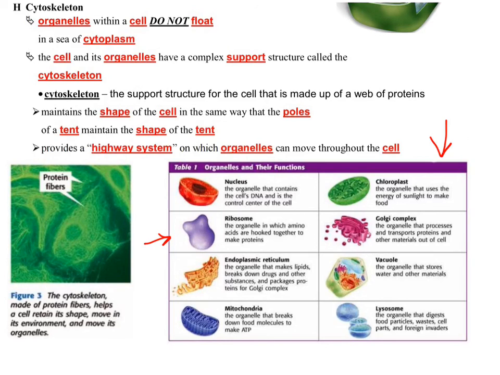And the picture here on the lower left shows an image where the protein fibers that make up the cytoskeleton have been enhanced. You can see this right here is the outline of one cell, and what you see are all these little fibers going all over the place, all through the cell. And those are the protein fibers that make up the cytoskeleton.